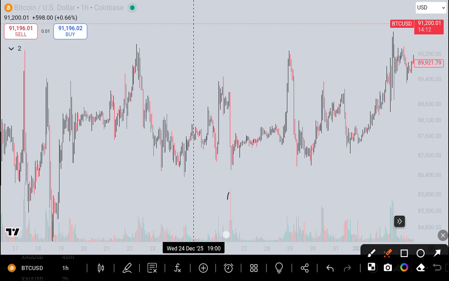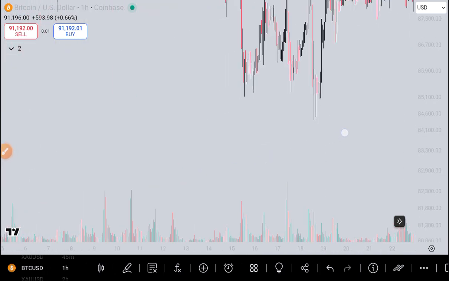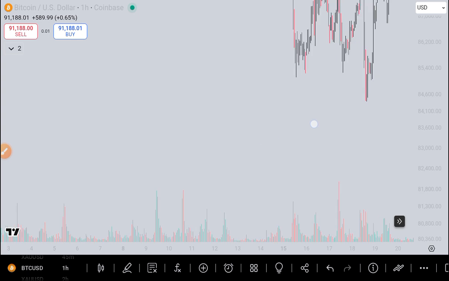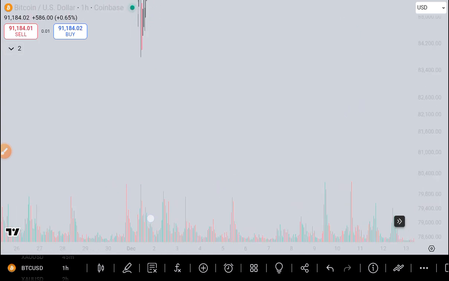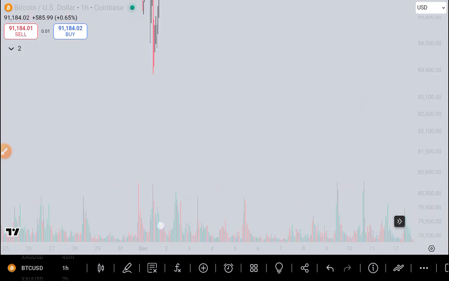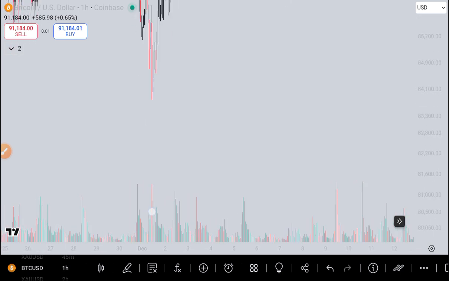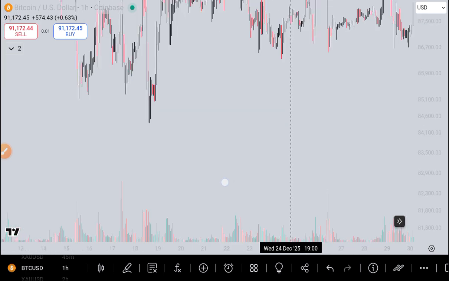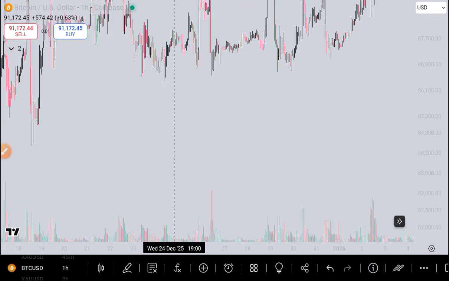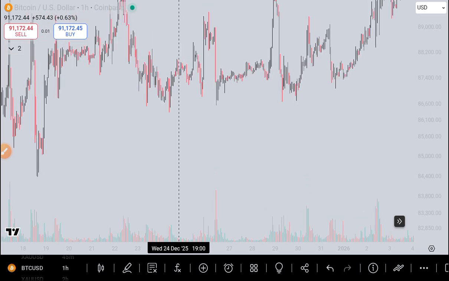As you can see, there's not much contraction compared to, let's say, somewhere around here. You see how this volume is packed. It's not much volume here, but it still applies because of the spike.